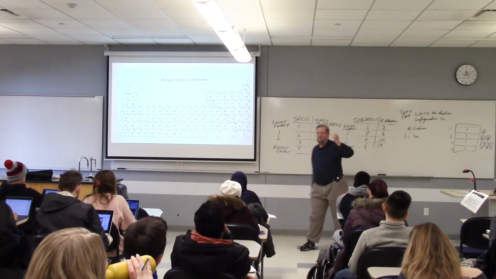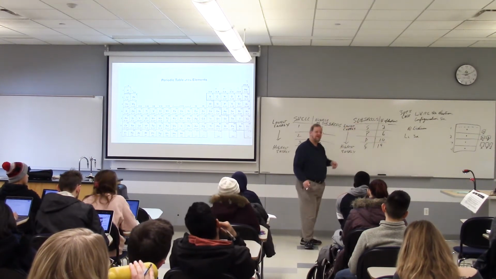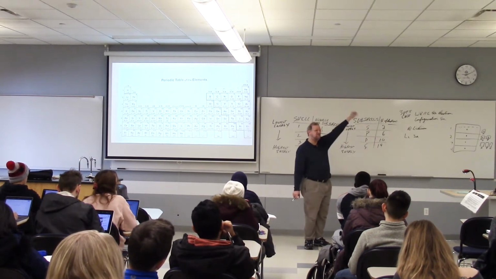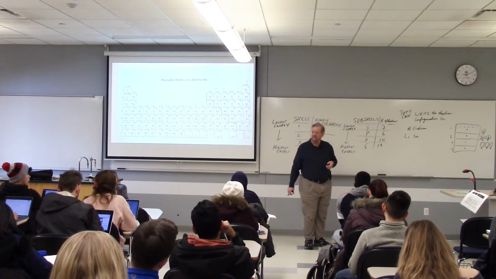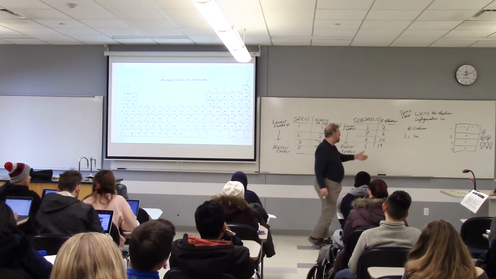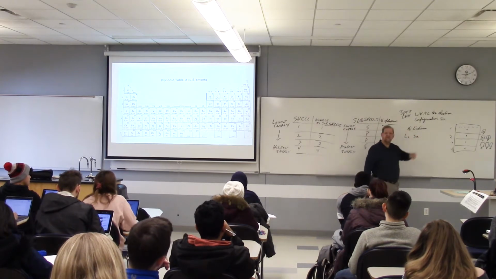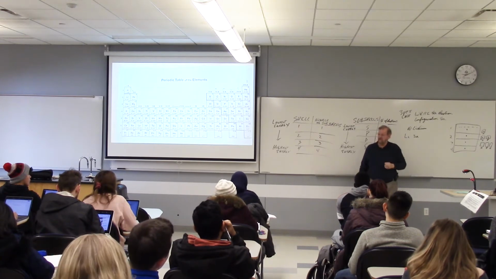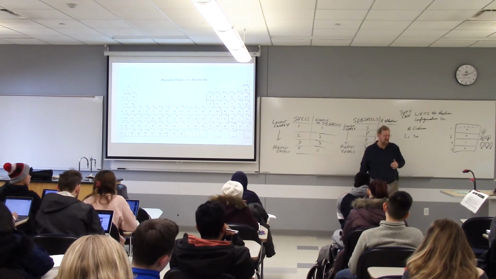Think of being lazy, and you don't want to have to bend over, so I'm going to fill the first drawer first. If I have 3 things, how many can I put in drawer 1? I can only put in 2 things. Let's call them electrons.